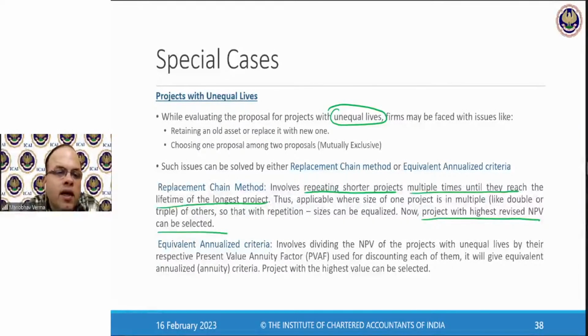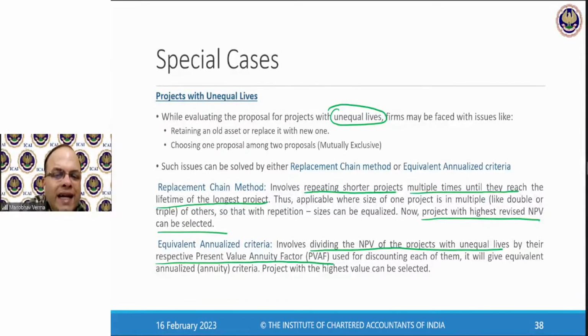Right? Now, what is the equivalent annualized criterion? It is where we divide the NPV of the projects with unequal lives by their respective present value annuity factor. We discussed on Tuesday what PVAF is. Present value annuity factor is the sum total of individual present value factors for multiple years.